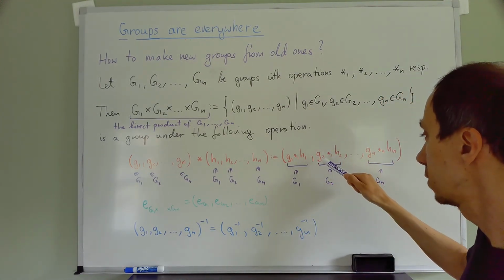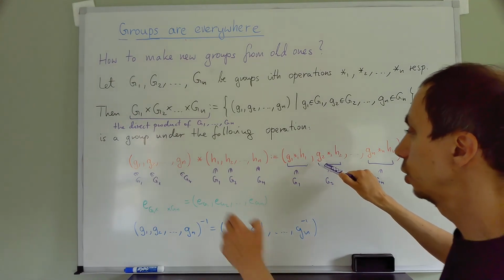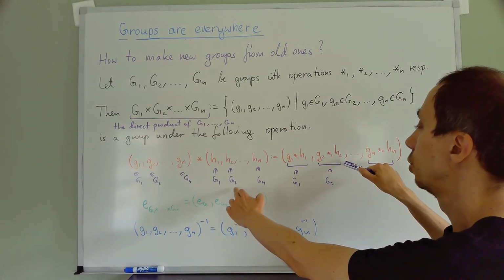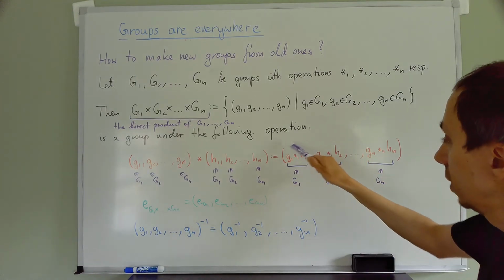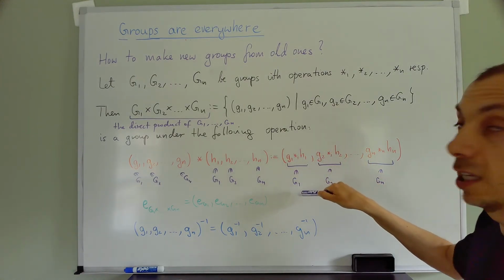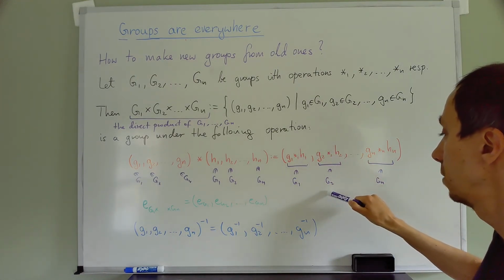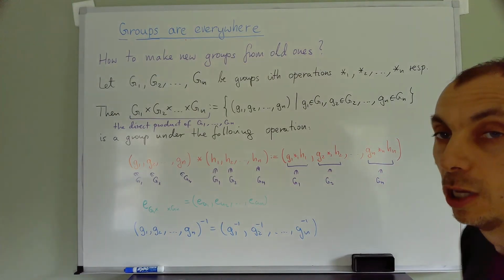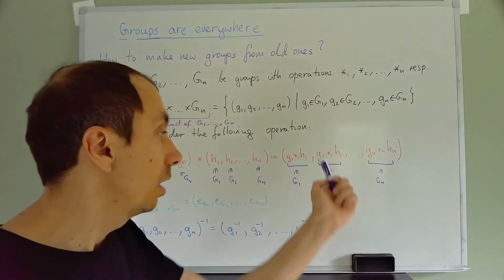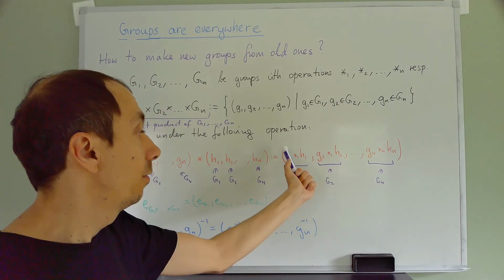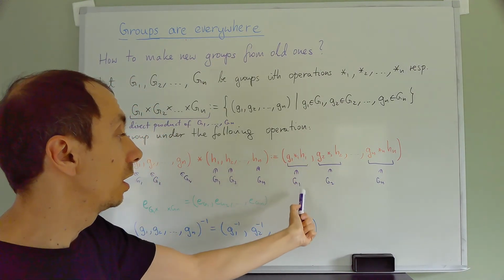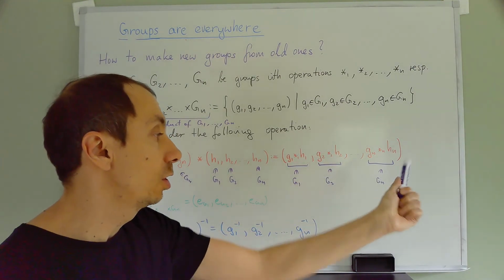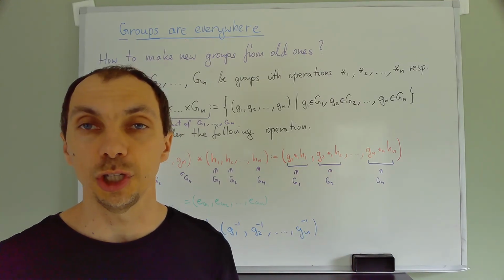On the second spot, I combine g2, which is in G2, with h2, which is also in G2. So this altogether gives me an element of G1, this gives me an element of the group G2, and so on. So in the end, I get yet another n-tuple, where the first coordinate is in G1, the second coordinate is in G2, and the nth coordinate is in Gn.